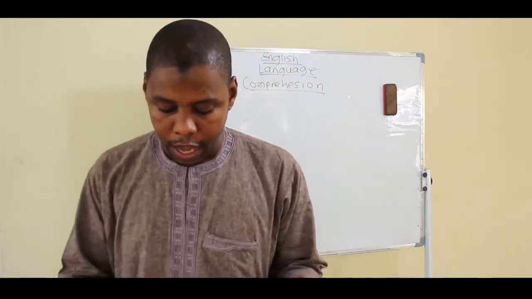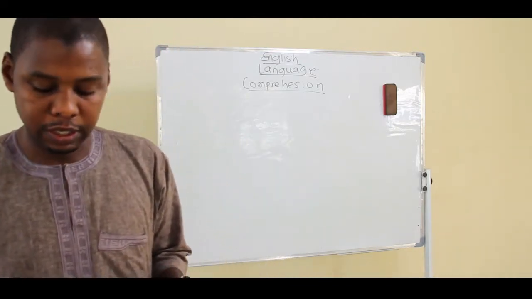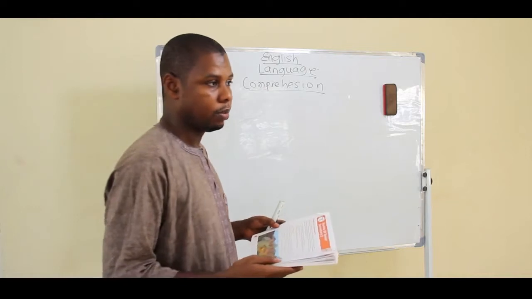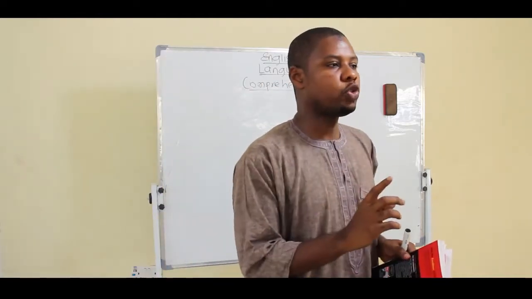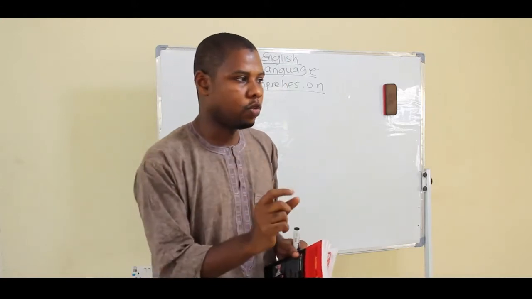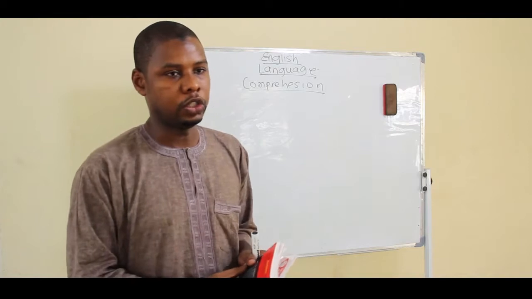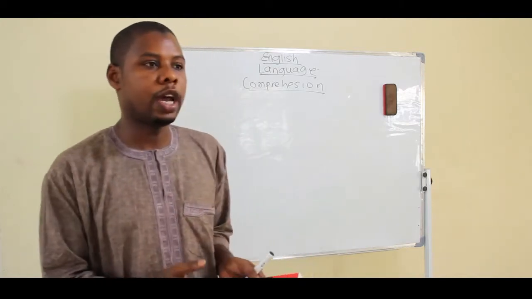So, having read through the passage, we're going to read some of the questions so that we'll be able to attempt it. As I said, all you have to do is read the passage once, then pick the first question, then go back to the passage to look for the answer. But sometimes you don't have to go back again.